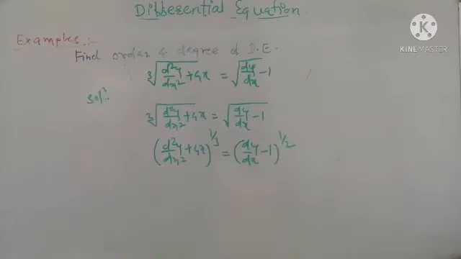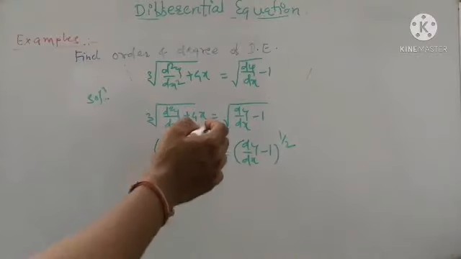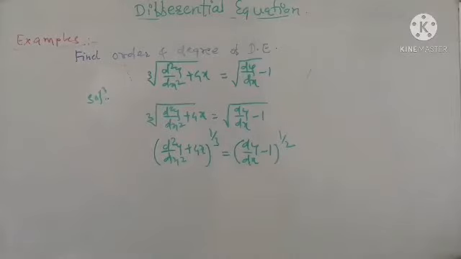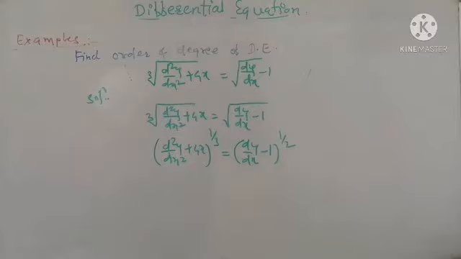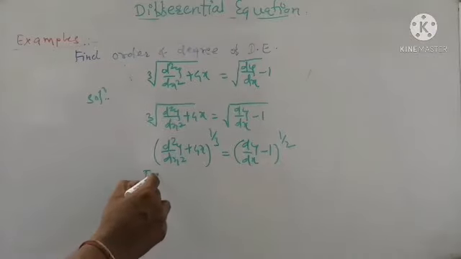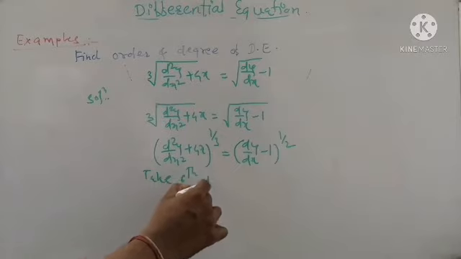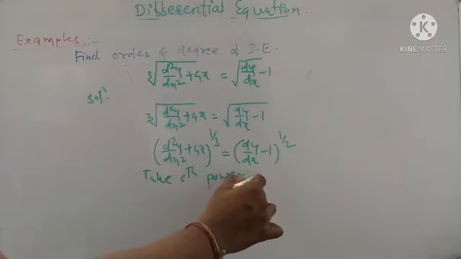Now we can observe that these two fractions are there. To make them integers, we take the common multiplier of both fractions. As the first fraction has denominator 3 and the second has denominator 2, we get the common multiplier 6, and then take the sixth power on both sides.